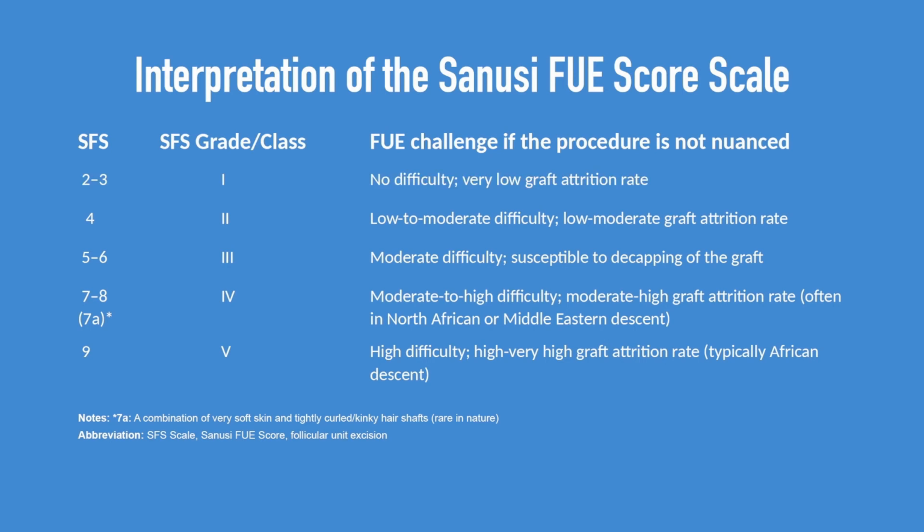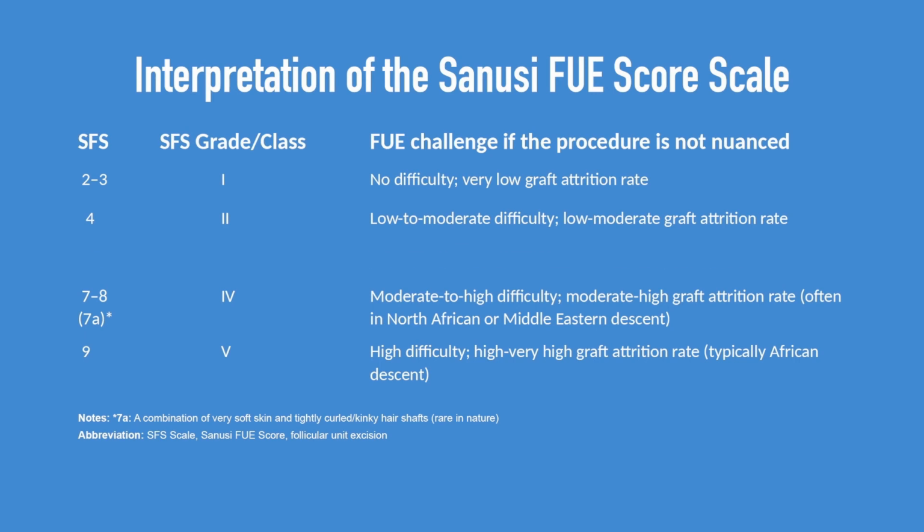Class 1 is a total score of 2 to 3, which connotes no difficulty to FUE with low graft attrition rate expected. Class 2 is a total score of 4, which presents low to moderate difficulty to FUE with low to moderate graft attrition. Class 3 is a total score of 5 to 6, which presents moderate difficulty to FUE.